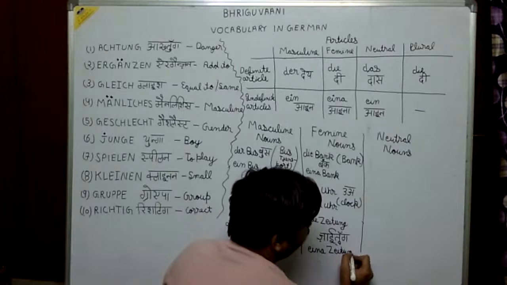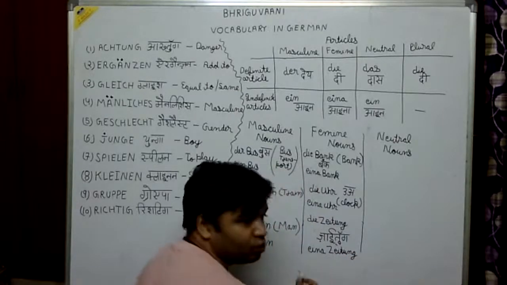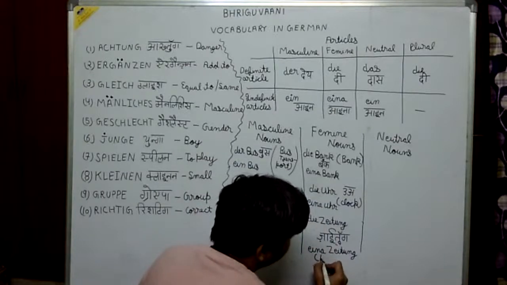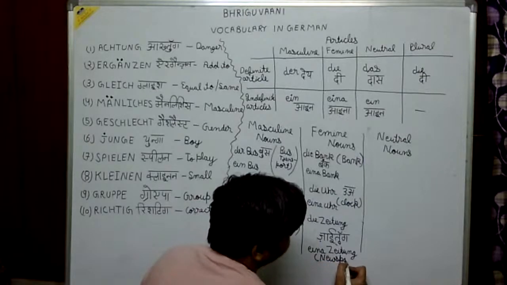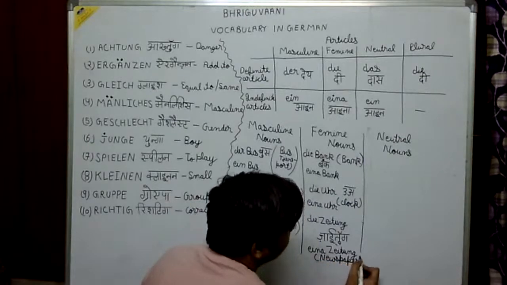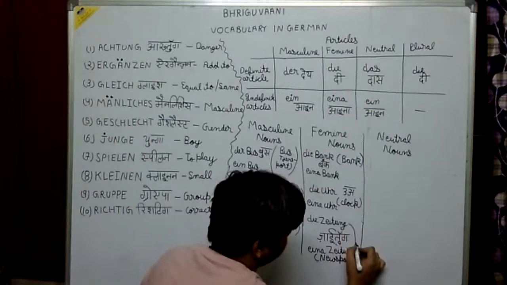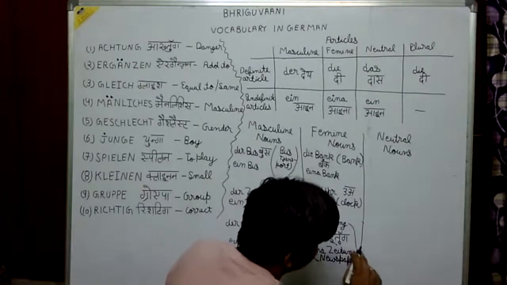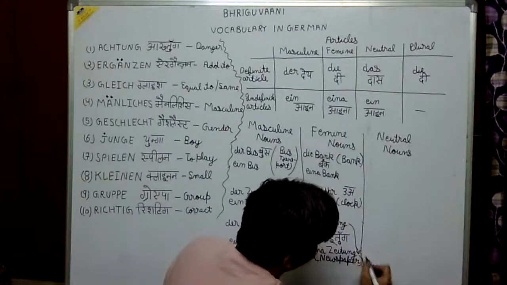Okay? And I have not written here one thing. What does this Zeitung mean? This Zeitung means newspaper, Akhbar. Here I am putting an arrow mark for the meaning of the same.